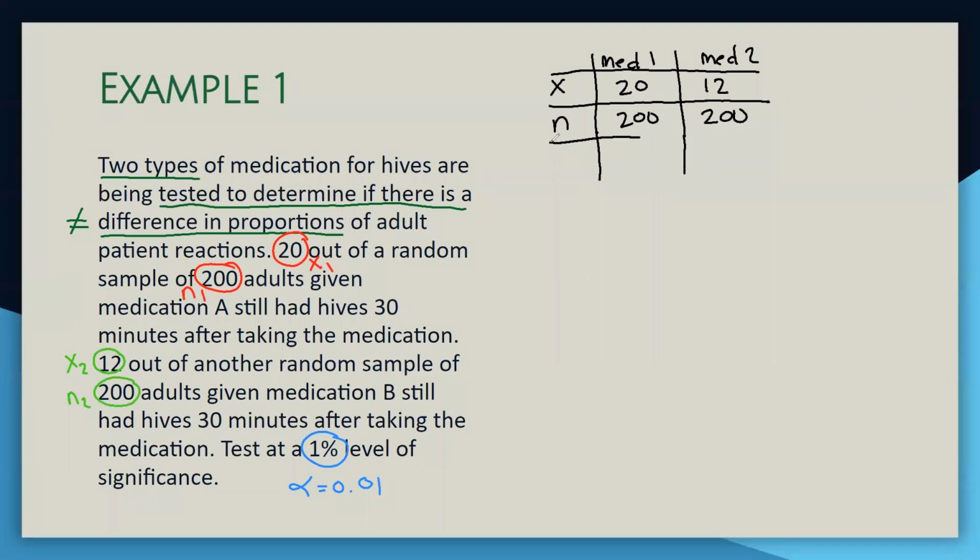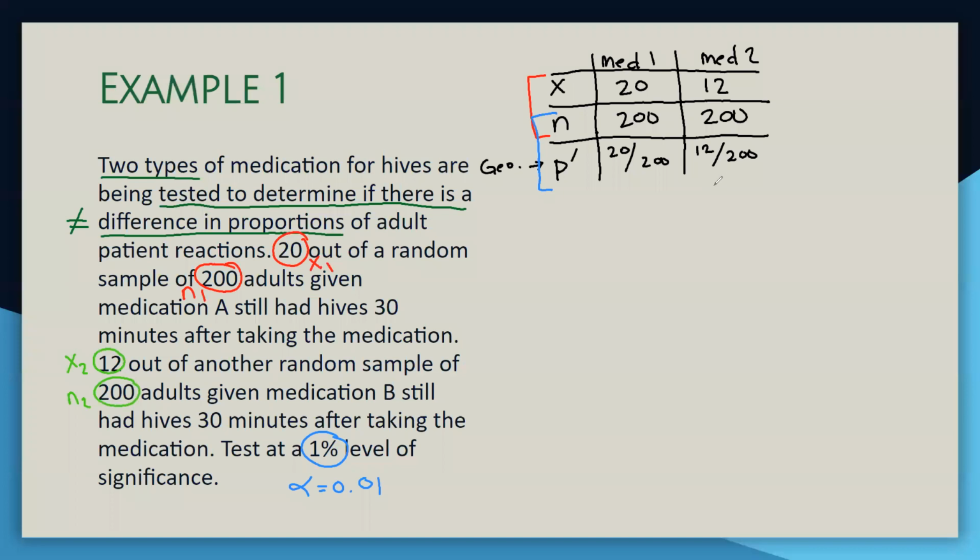And then I've written this last row here for the P primes, 20 out of 200 and 12 out of 200. You don't have to write that, but if you are doing GeoGebra, it's going to ask you for P prime and N instead of X and N. So these two are for the TI-84, and these two are for GeoGebra.